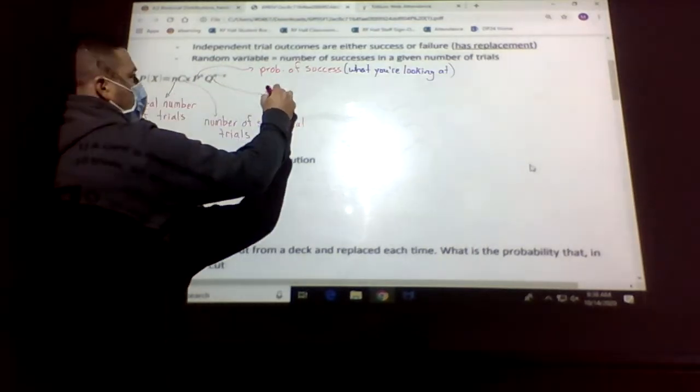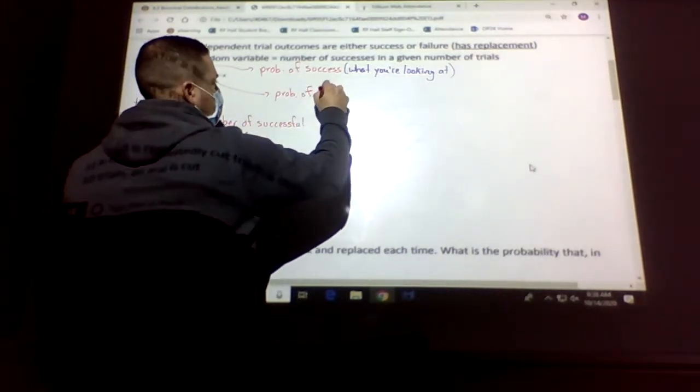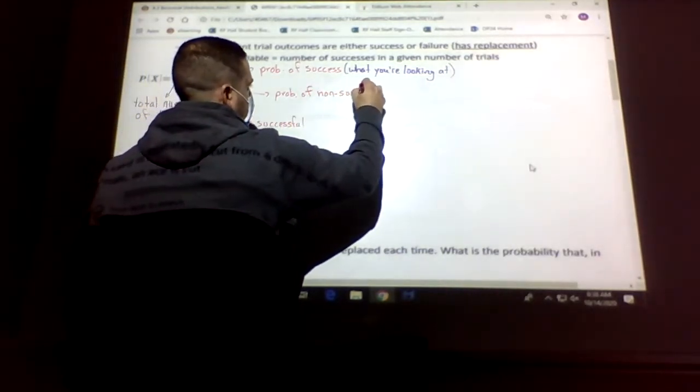And then Q is the probability of non-success, slash failure.